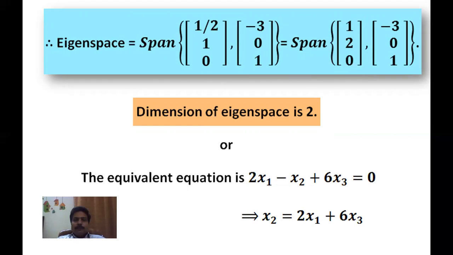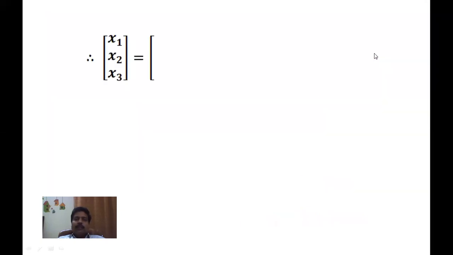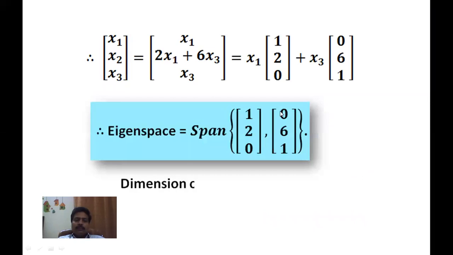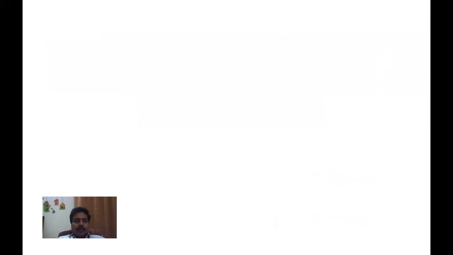That means all the vectors generated by these two vectors can also be generated by those two vectors. So different students may get different answers, but all of them represent the same eigenspace. That is to be noted here.